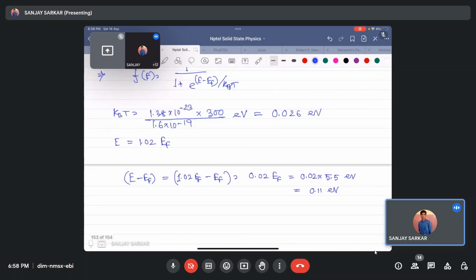So f of E is 1 by 1 plus exponential 0.11 divided by 0.026. Then what is the value? So exponential, okay, let me check.